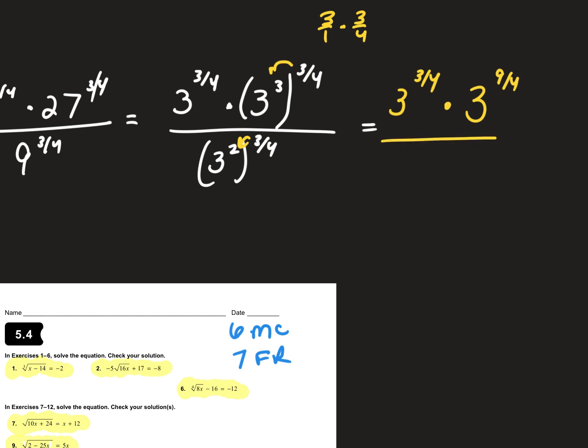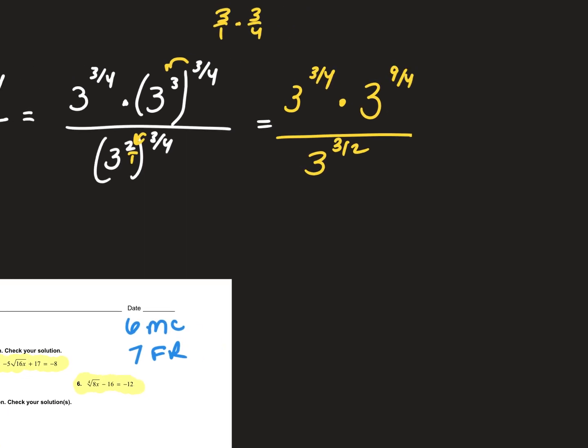And then on the bottom, I have 3. If I multiply 2 over 1 times 3/4, what do I get? What do I get? 6/4, which is the same as... Anybody? What's 6 over 4 reduced to? 3 over 2? Okay.